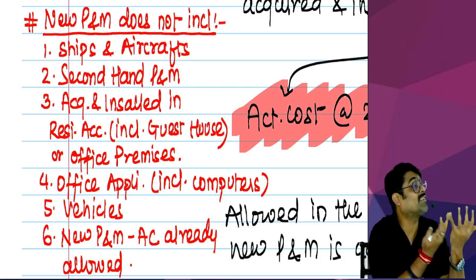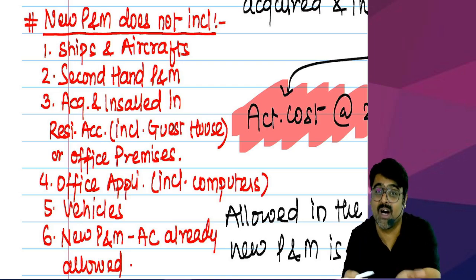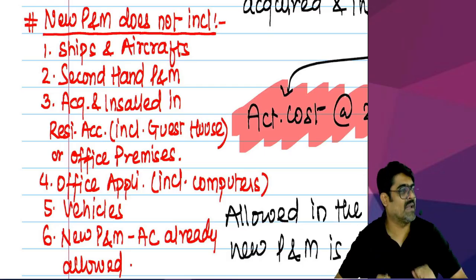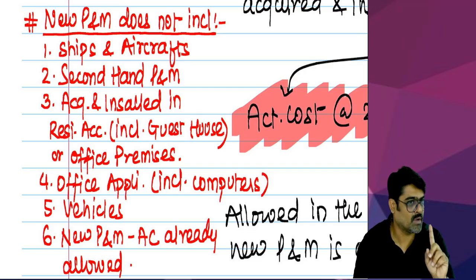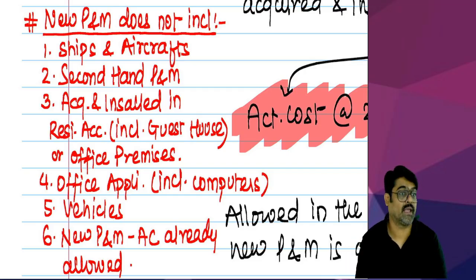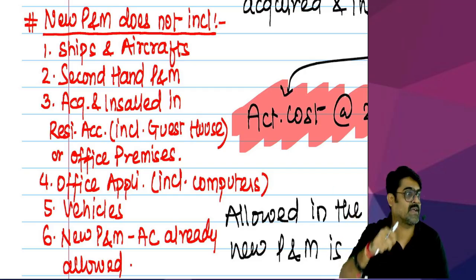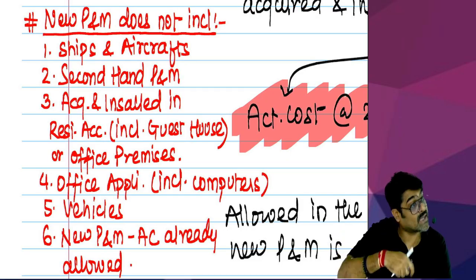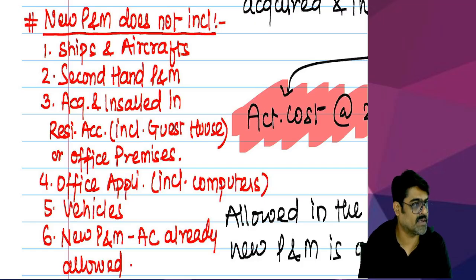Even if it is a second-hand plant and machinery used in your business, the normal depreciation will be available on that. But we are not going to allow additional depreciation on that. Even if it is used for manufacturing, even if it is used for power generation, distribution, etc., still we are not going to allow additional depreciation because this is not a new plant and machinery. This is a second-hand plant and machinery.